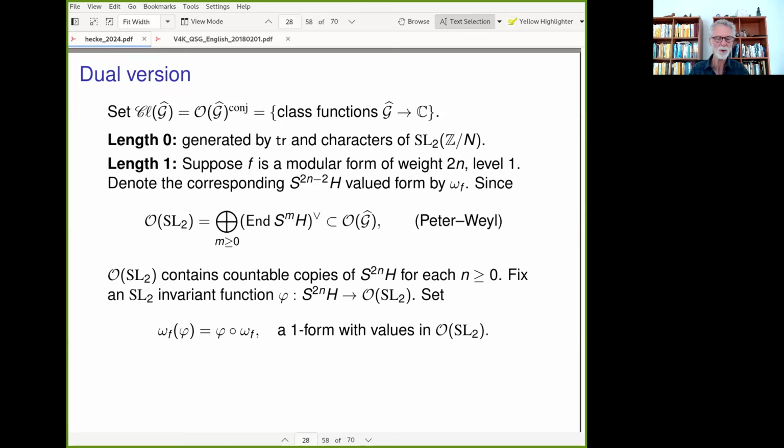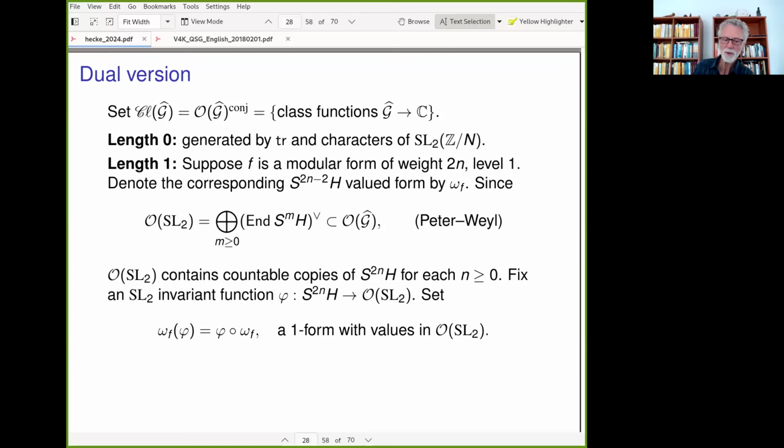So that's just the endomorphisms of symmetric powers of H. So this means that, standard representation theory, the coordinate ring of SL2 contains a countable number of copies of S^2n H, because it'll occur in endomorphisms of S^n of H, S^(n+1) of H, S^(n+2) of H, and so on.